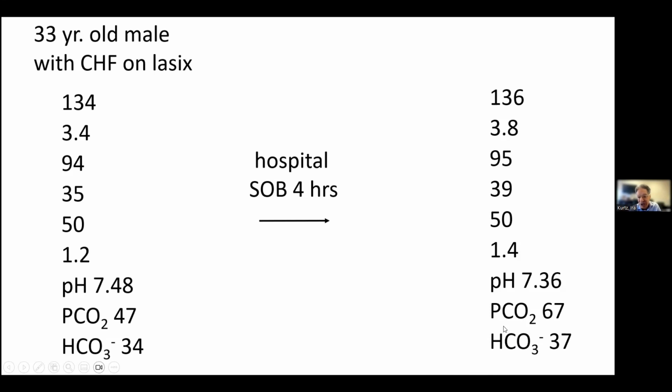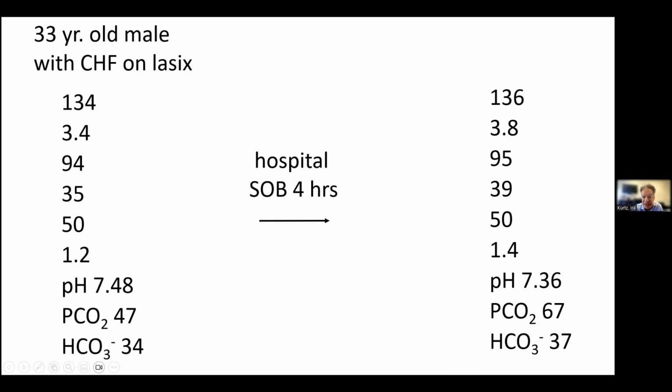So you just look at the change in the PCO2 relative to the change in bicarbonate from these numbers. You don't go by the population normal numbers, you go by what it was 3-4 hours ago. So does anyone want to tell me whether this is acute or chronic respiratory acidosis? Nothing fancy. You just have to remember the rule.